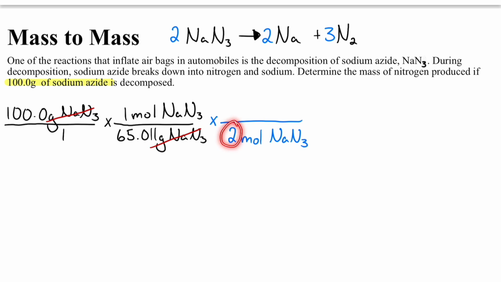Again, with this 2 coming straight from the balanced chemical equation. Then I want moles of nitrogen, so I'll put my 3 moles of nitrogen gas on the top. Again, where the 3 is coming directly from the balanced chemical equation. Now, moles of sodium azide cancel, and then we can just convert from moles of nitrogen to mass of nitrogen.